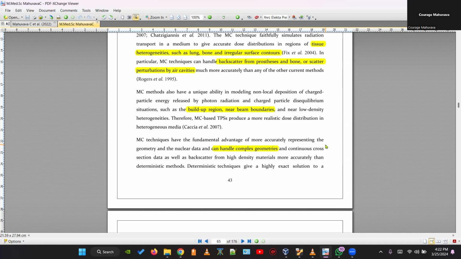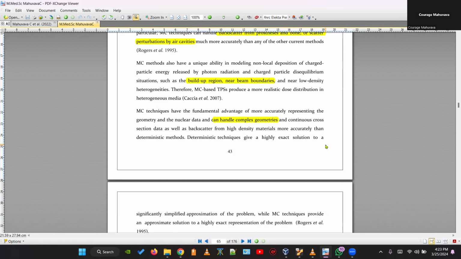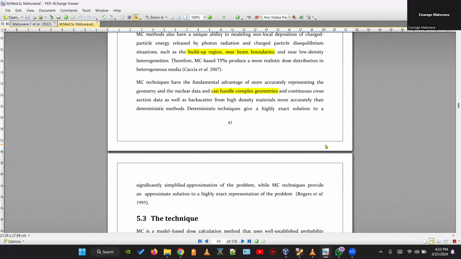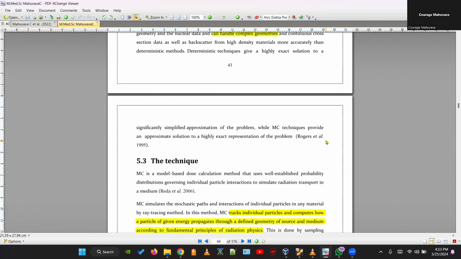There are also build-up regions, tissue boundaries, even near low density heterogeneities like lung. So you can do a Monte Carlo simulation to verify, as a form of quality assurance technique, the dose that the patient actually receives in any given situation.